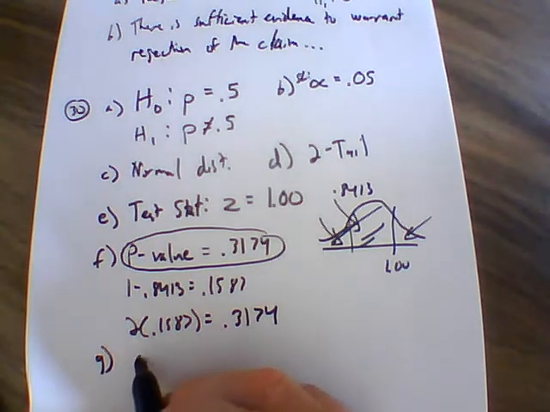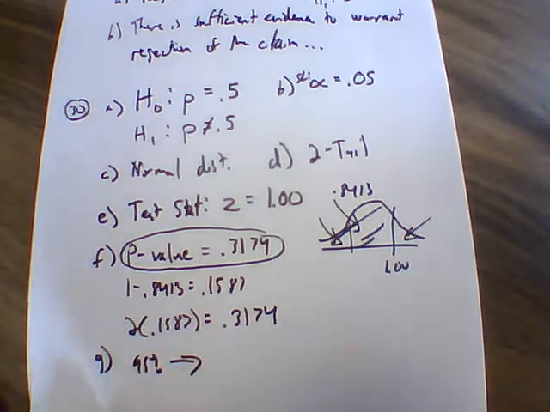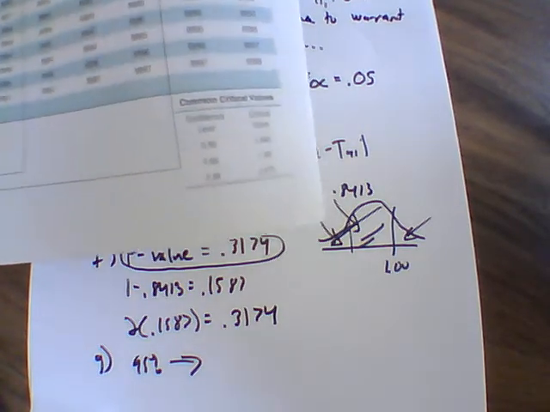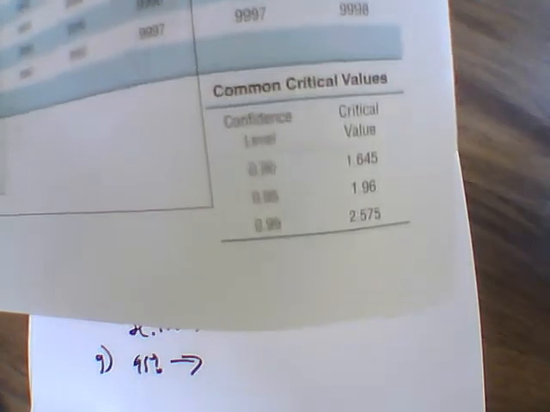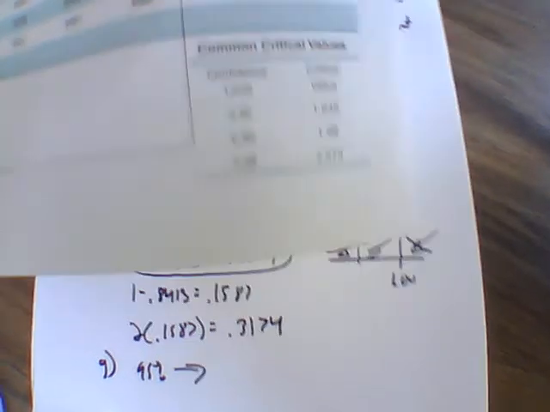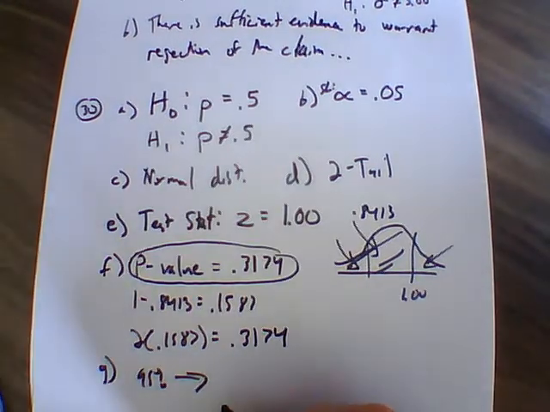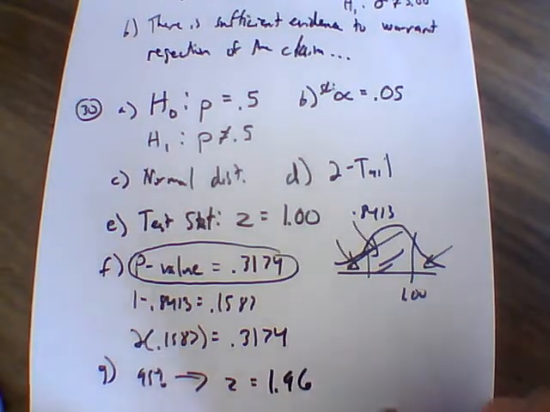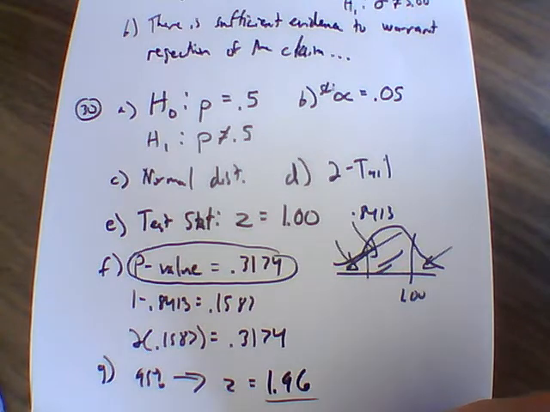Okay, so we're talking a 95%. The 95%, once again, coming back to the bottom here, that 0.95 confidence level is 1.96. So we're looking at a z equals 1.96. This would be our critical value.